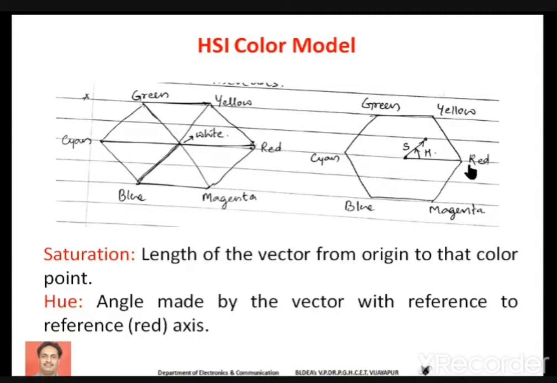We use red as the reference axis while measuring the hue of the color point. So remember, saturation is the length of the vector drawn from origin to that color point. Hue is the angle made by that vector with respect to the red axis. So this is all about the HSI color model.